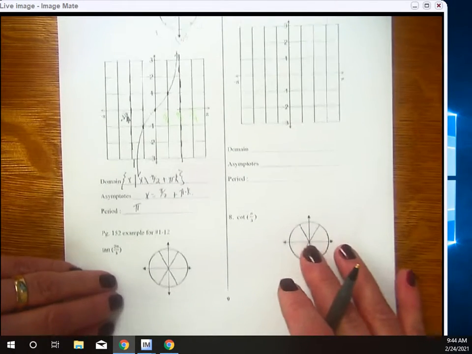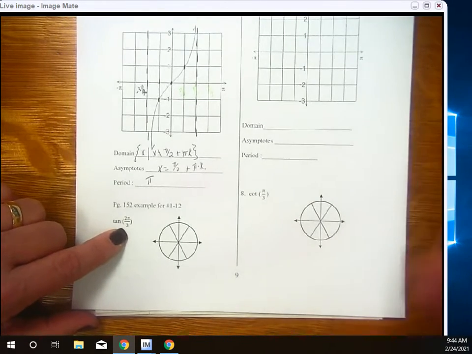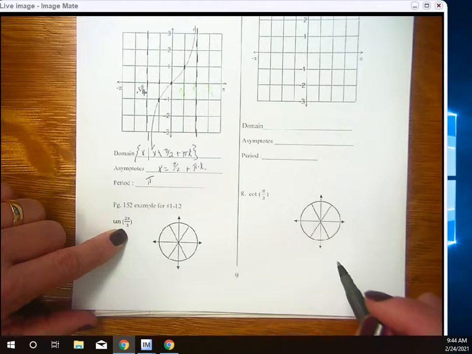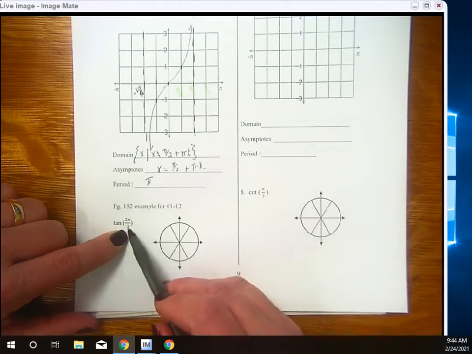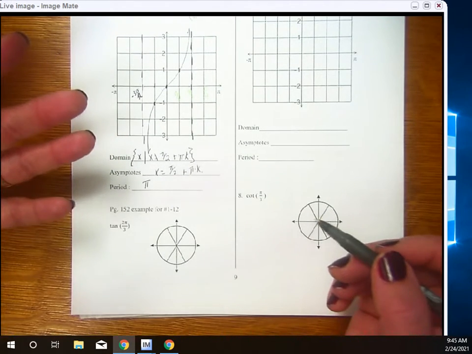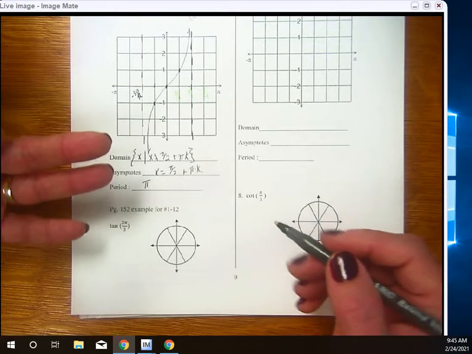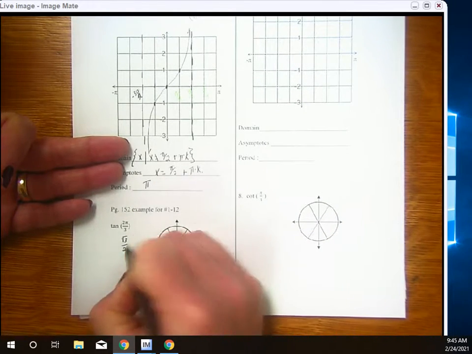If you are going to find the exact value of tangent of 2 pi over 3, the first thing you have to figure out is the reference angle. Well, pi over 3 is our reference angle. And remember, pi over 3 is at 60 degrees. Sine is radical 3 over 2.